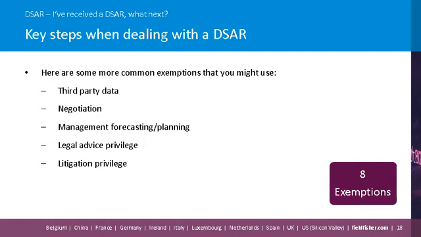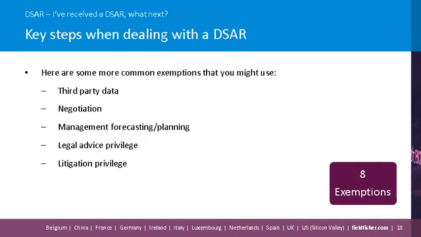This exemption is narrower than the litigation privilege exemption, but can be claimed more commonly. The litigation privilege exemption must, in most and arguably all cases, be a confidential communication between a lawyer and the client, or between either of them and a third party.